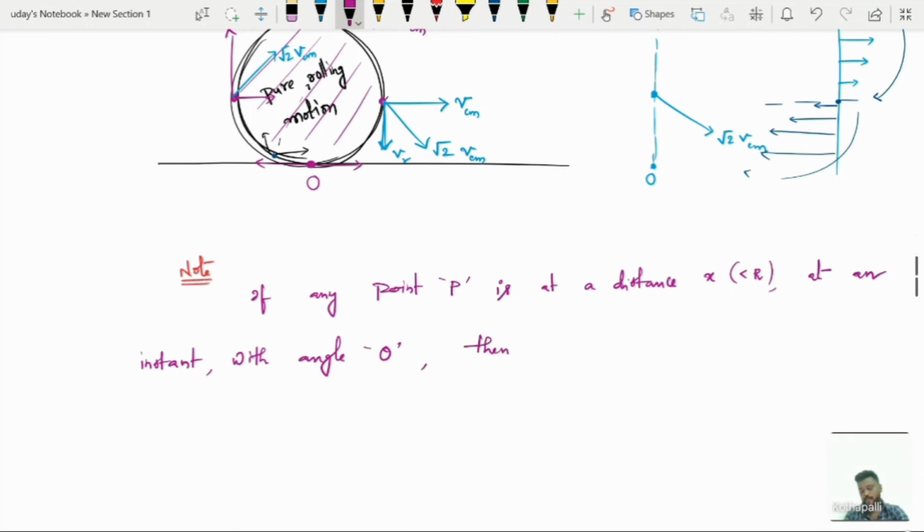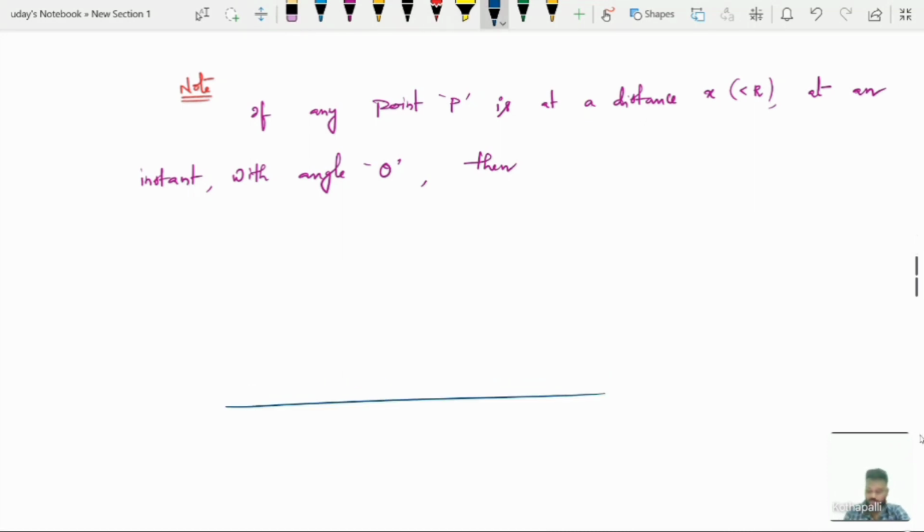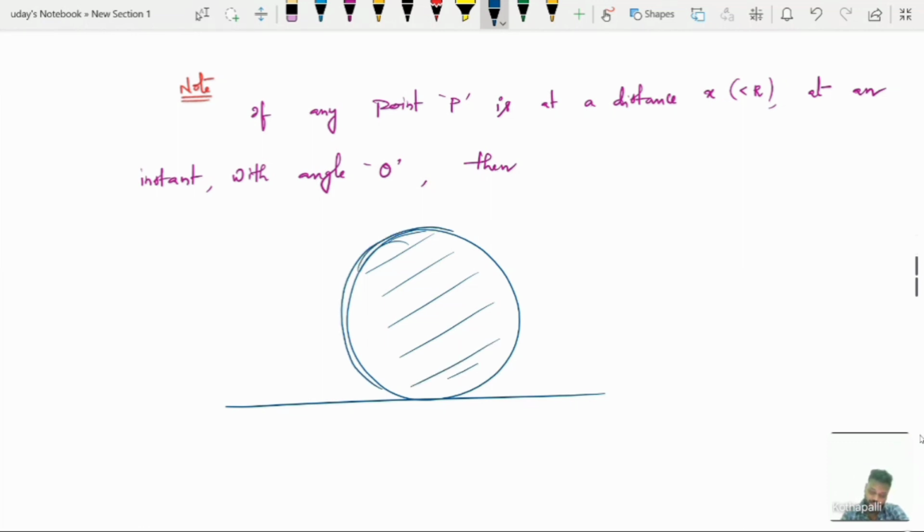Then, see what does it mean? I have a spherical body which is in rolling motion, let's say pure rolling motion itself. Its radius is r, rotating with angular velocity omega, translating with linear velocity vcm.